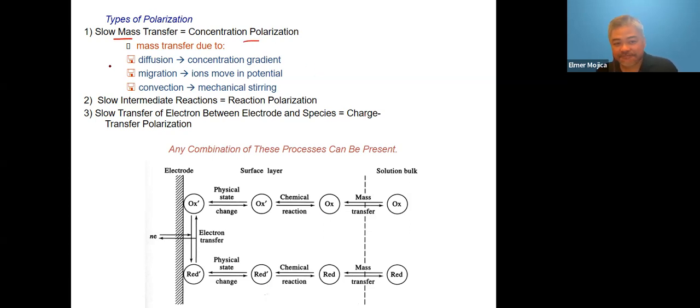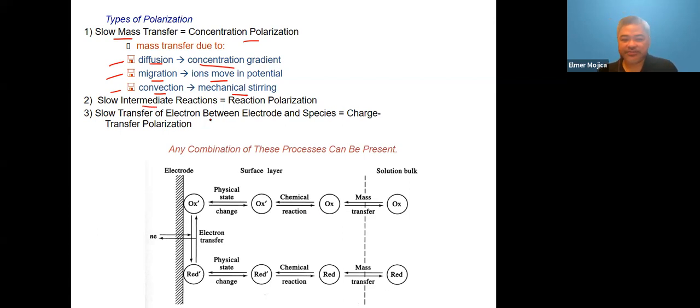And again, lumabas na naman dito yung three types of mechanism. Mass transfer: diffusion, which is concentration gradient; migration, which is ions would move in potential; and convection due to mechanical stirring. Okay? And this would result in what we call slow intermediate reactions, okay?